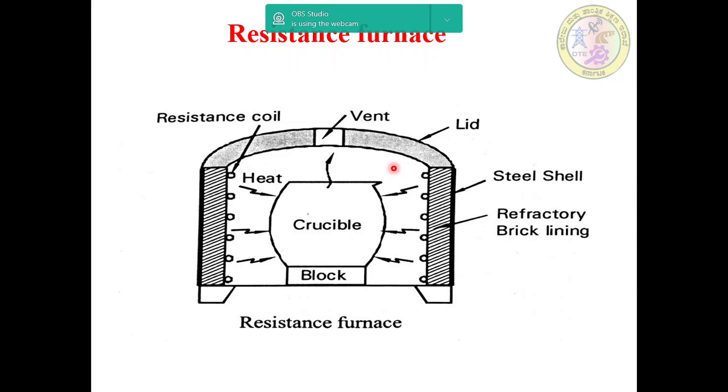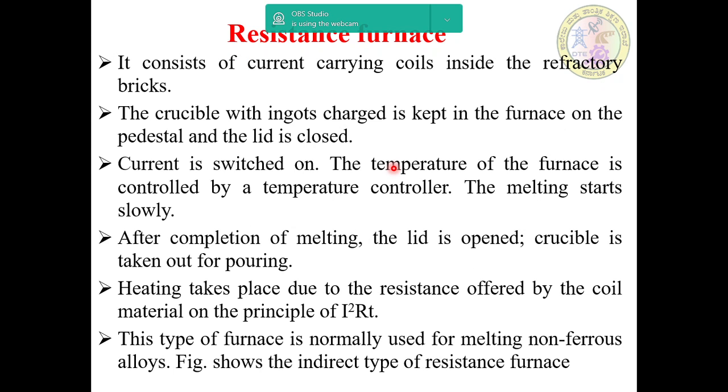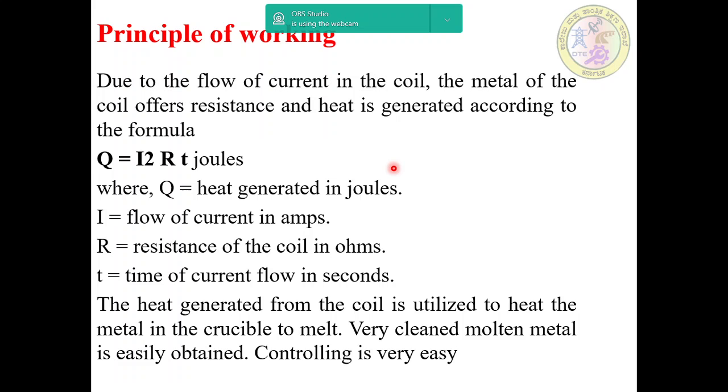Here, in the principle of working, due to the flow of current in the coil, the metal of the coil offers resistance, and heat is generated according to the formula Q equals I squared R T, where Q is heat generated in joules, I is the current in amps, R is the resistance of the coil in ohms, and T is the time of current flow in seconds.